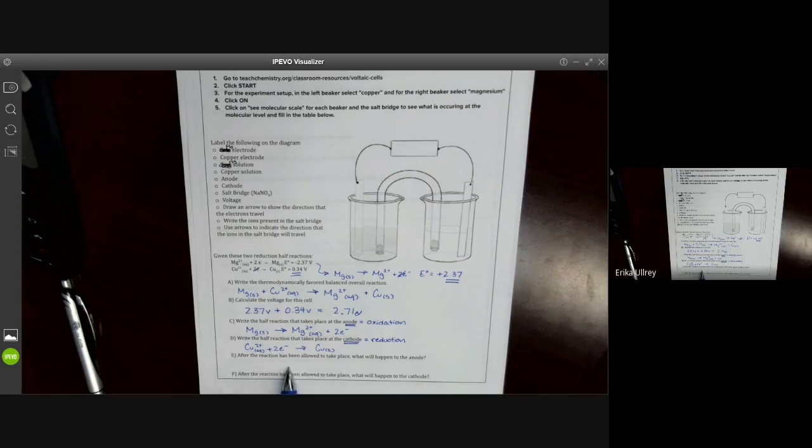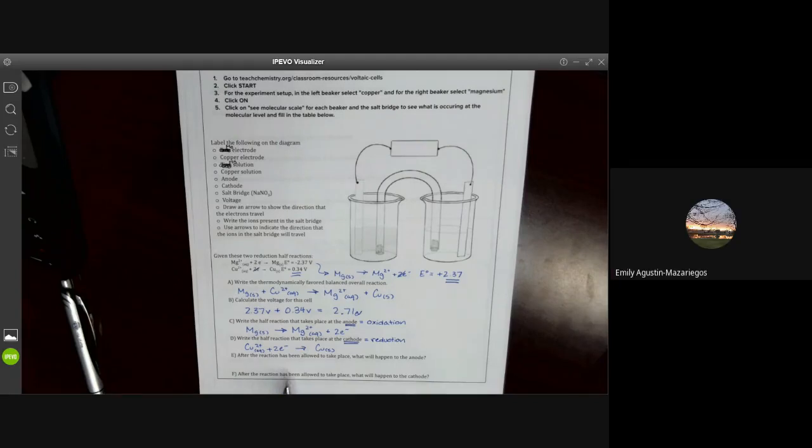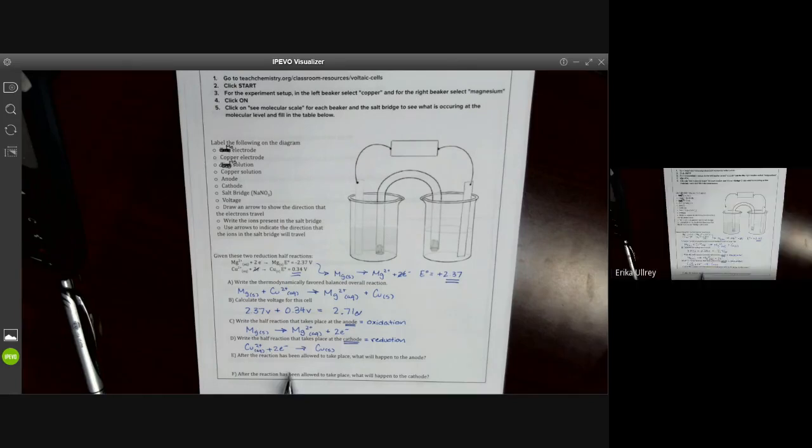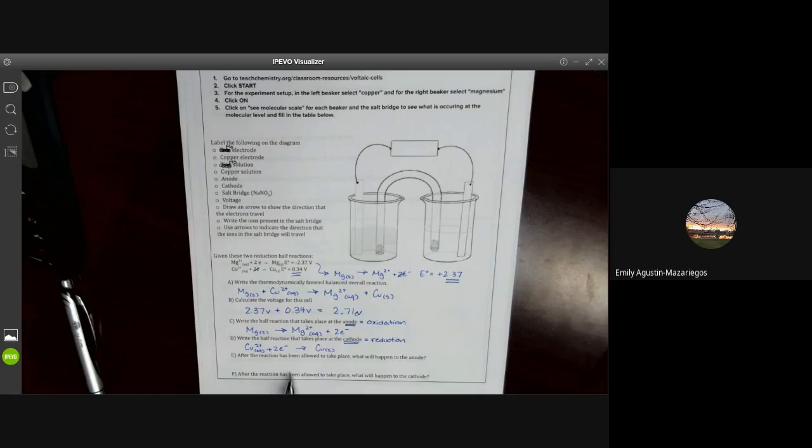Emily Augustine, what do you think? Is it going to lose mass? Yeah, why is it going to lose mass? Because it's turning from a solid to an aqueous solution.